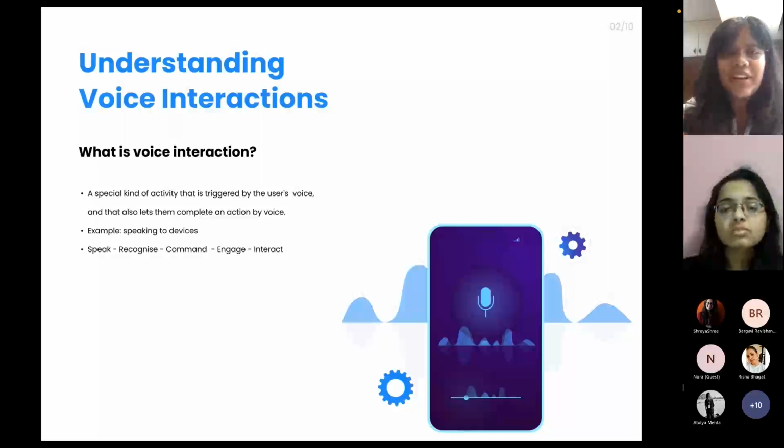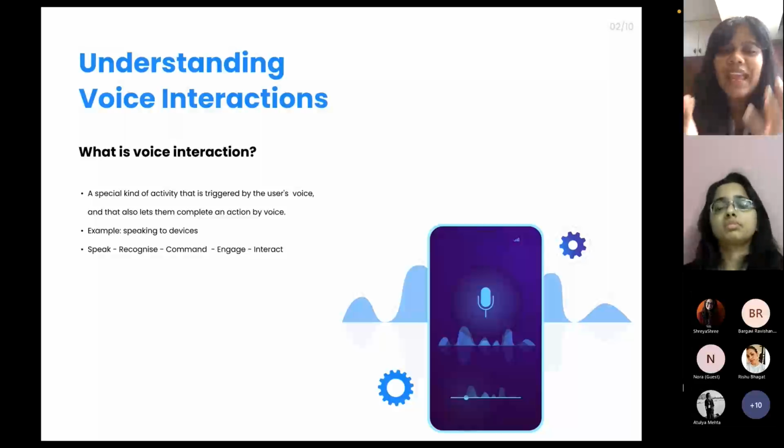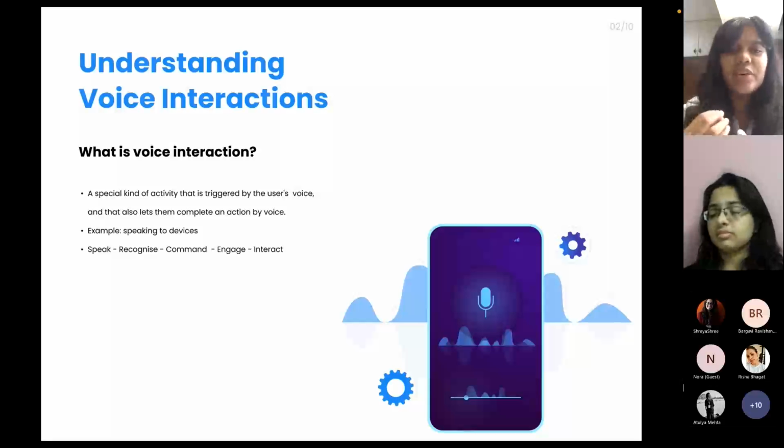A voice interaction in simple terms is any activity that is triggered by the user's voice, right? So once we conduct a particular activity that uses our voice and we allow that action to be completed through our voice, it's basically a voice interaction. It's a special kind of activity that is triggered by the user's voice and lets them complete an action by voice.